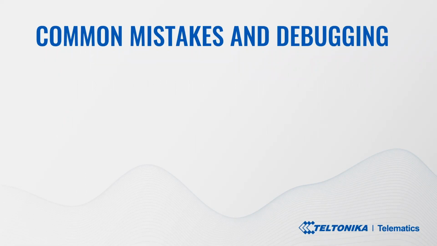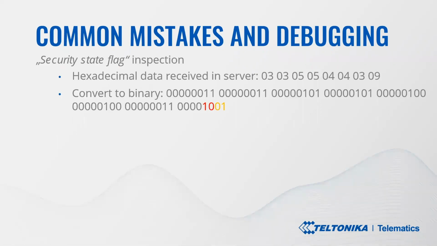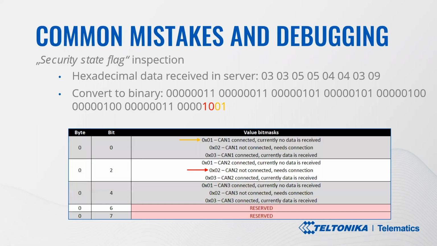To do this, you will receive the element and a hexadecimal value with it. Afterwards, you convert it to binary and parse from right to left. There are possible values that will be returned, so you can follow our information in the wiki on security state flags.